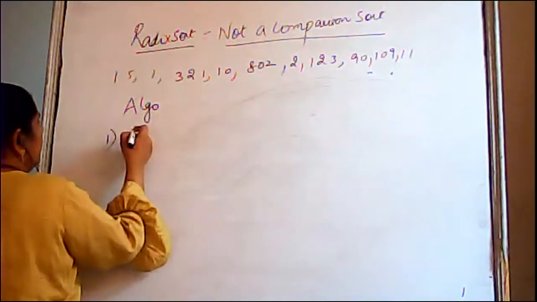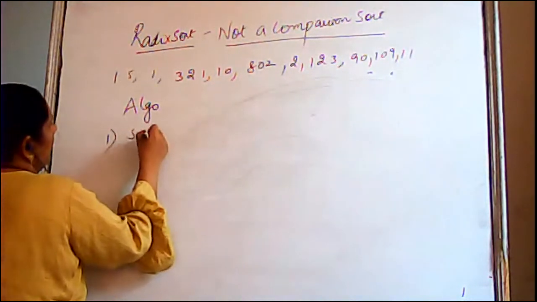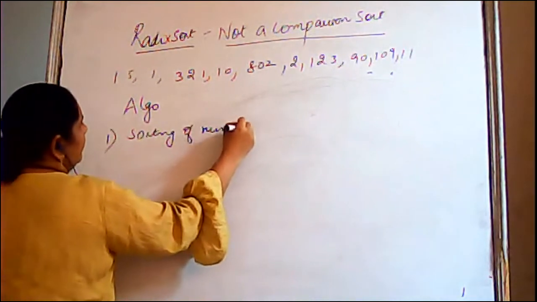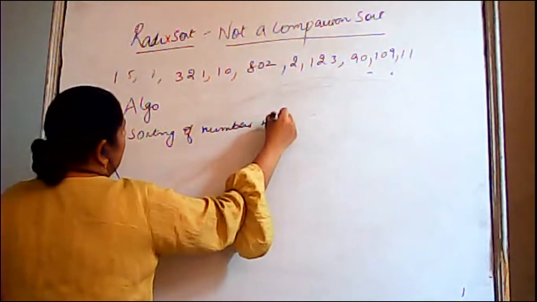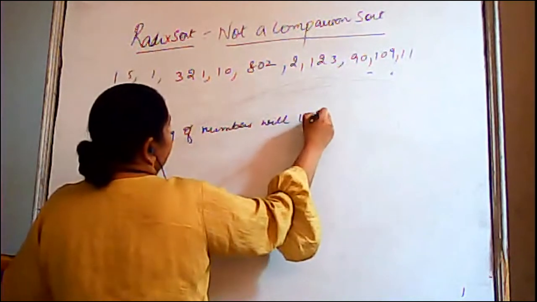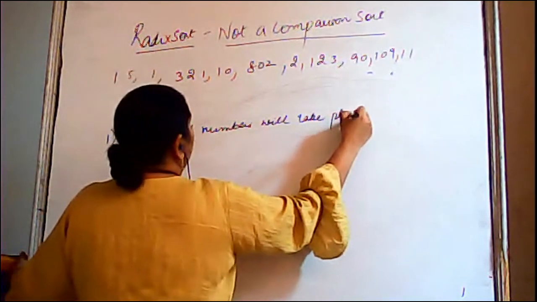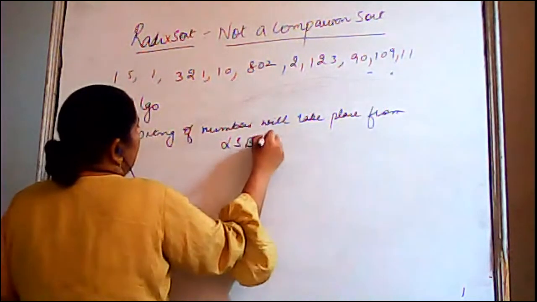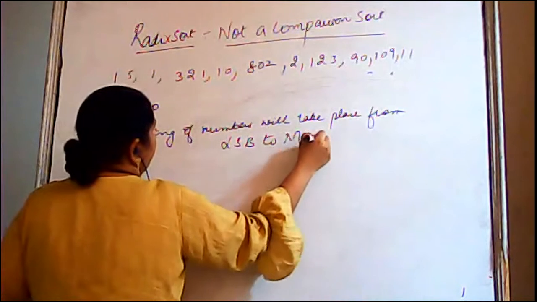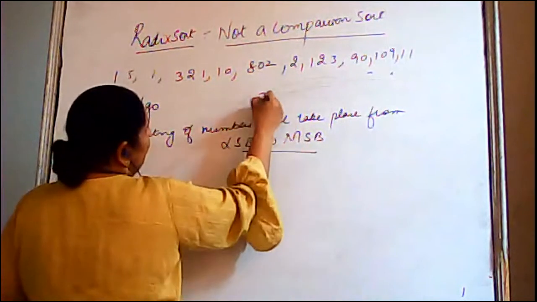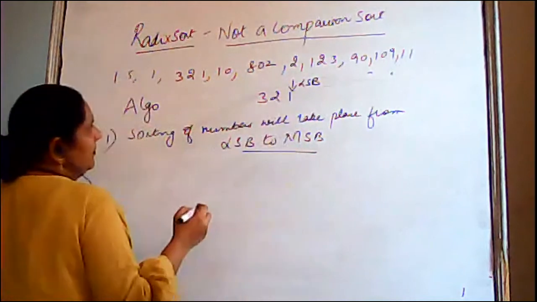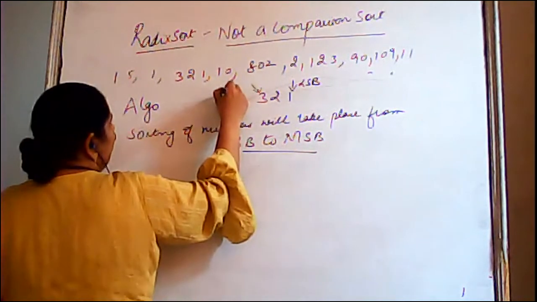First step, sorting of numbers will take place from LSB to MSB. That means if 321 is the number, this is my LSB, least significant bit, and this is my most significant bit.